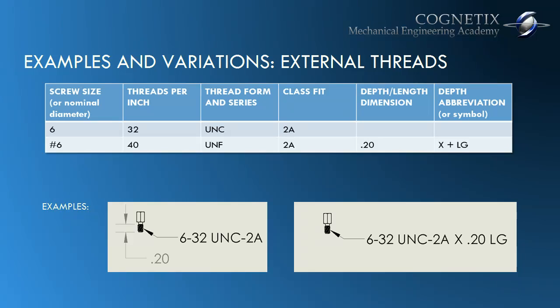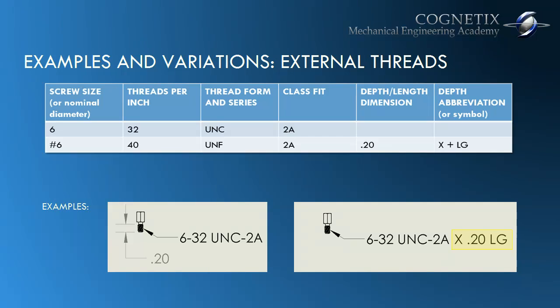So in this particular callout, the length of the thread is expressed as an actual dimension, in this case being 0.20. The thread on the right side is pretty much the same thing, but expressed a little bit differently. It's a number 6-32 UNC 2A thread by 0.20 in length.